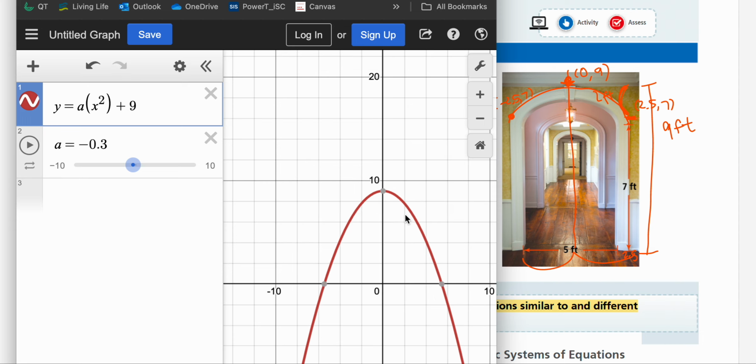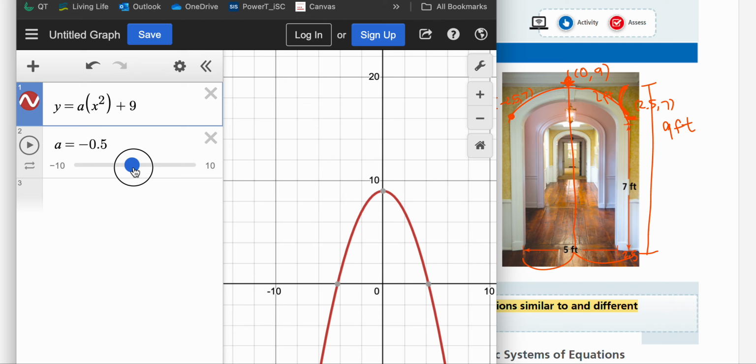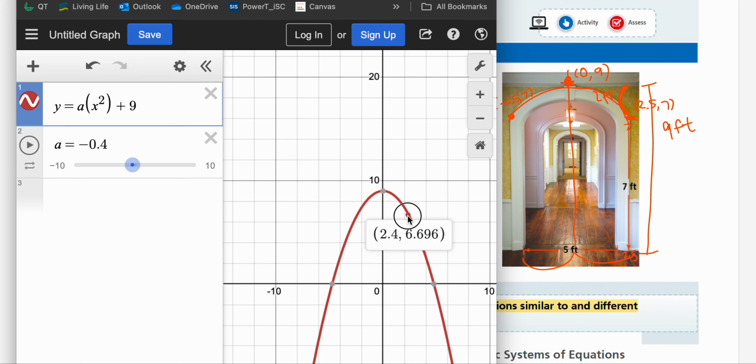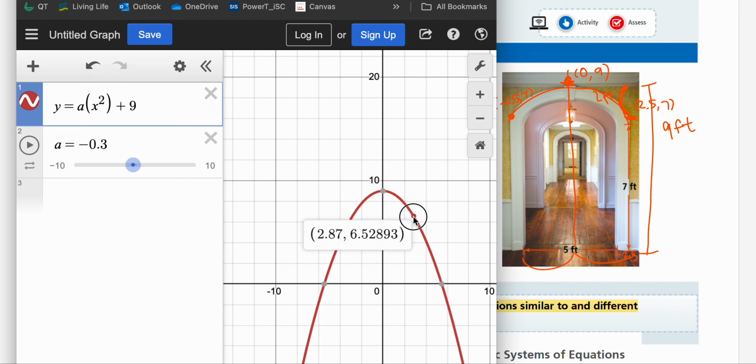So it's pretty close, negative 0.3. I think that would be the closest one. So we can say something like y equals negative 0.3 x squared plus 9.